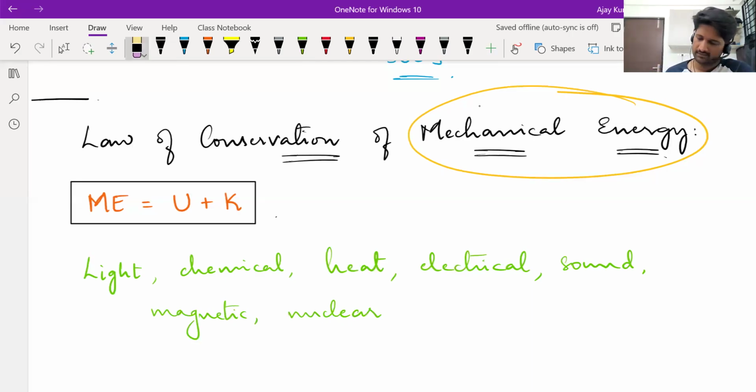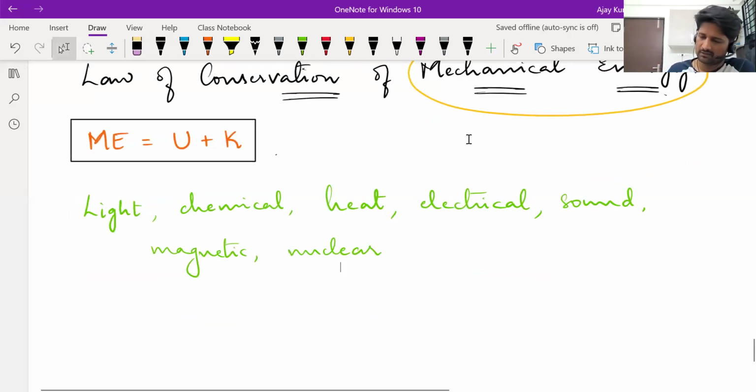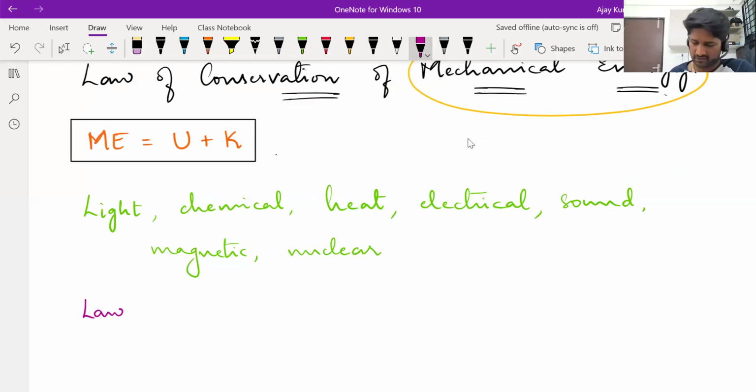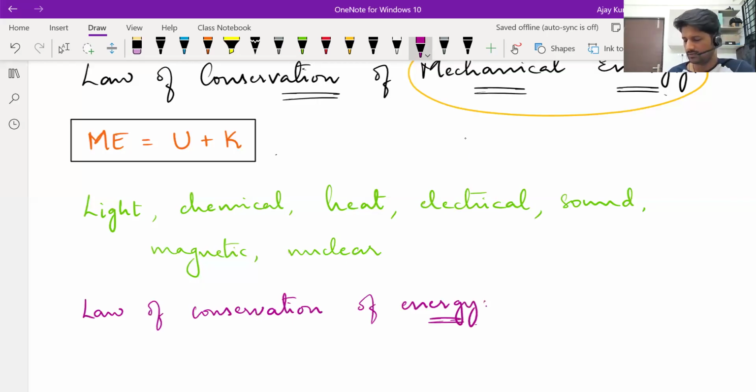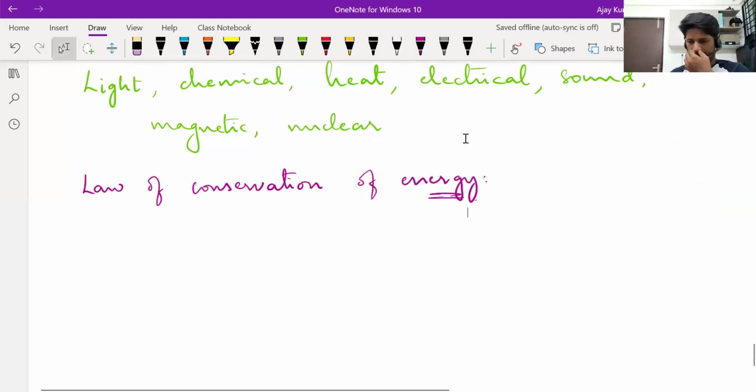Right. One of you tell me the law of conservation of energy, the law that you had studied in your childhood, or maybe in 10th class also, I think it is there. What is the general law of conservation of energy? Okay.